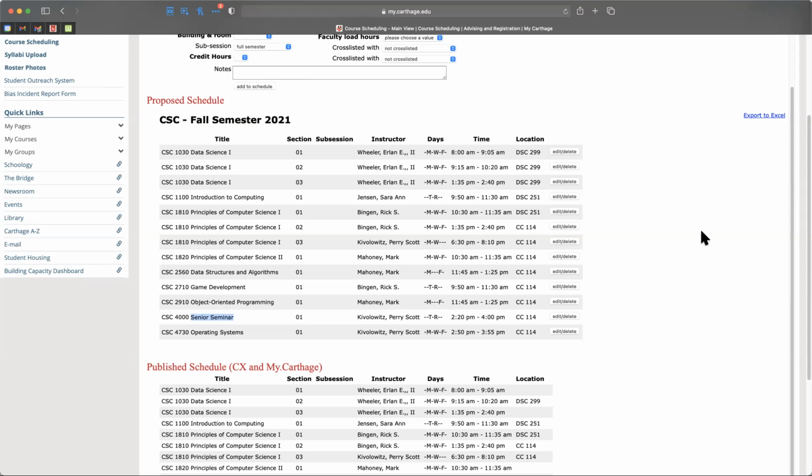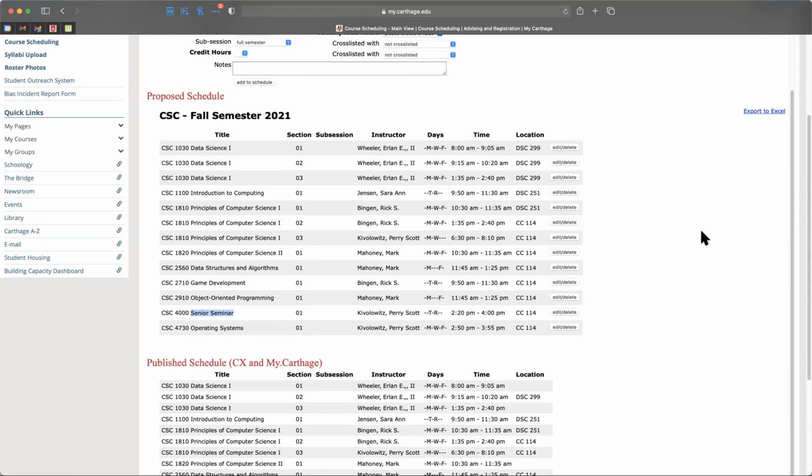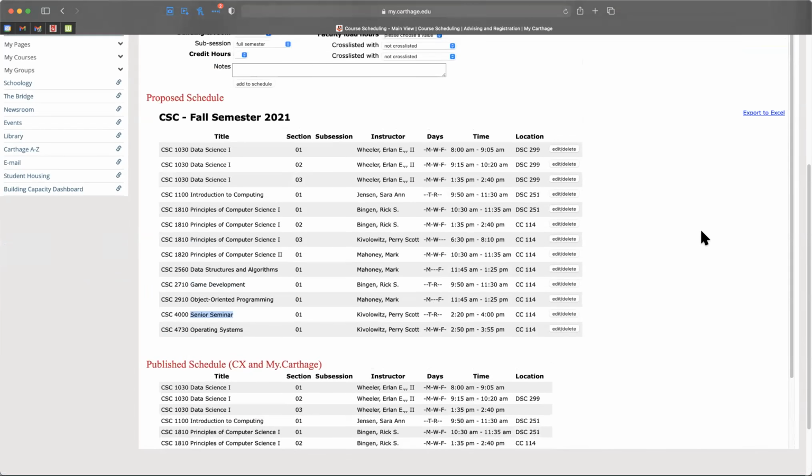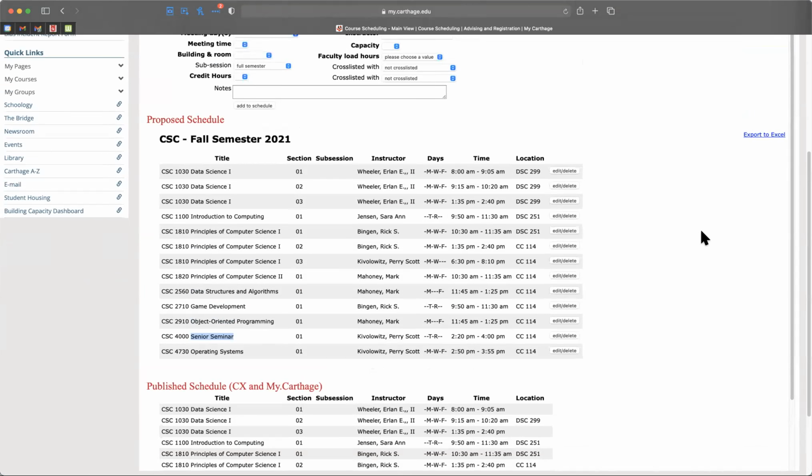OS isn't required though, correct? I think it is because it's a writing intensive class and you need one to graduate. I thought no, OS is not writing intensive. It's work intensive. But depending upon your year, OS is required.